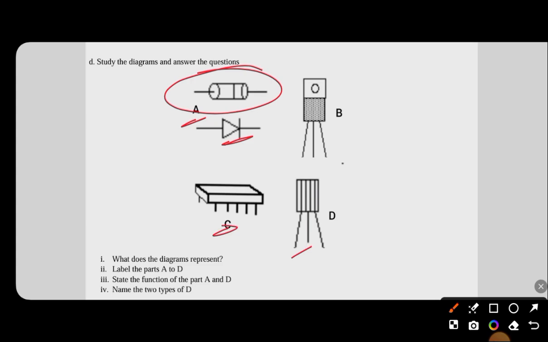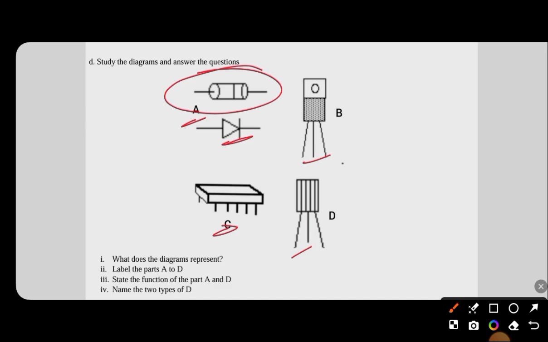We have to state the function of the parts A to D. A, which is a resistor, limits or regulates the flow of current in a circuit. B controls the flow of current between two terminals by varying the voltage applied to the third terminal.